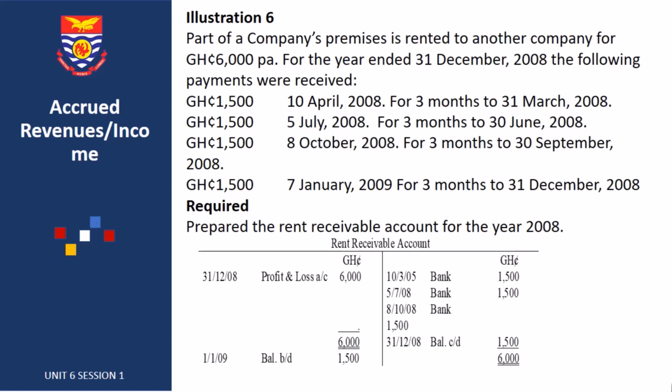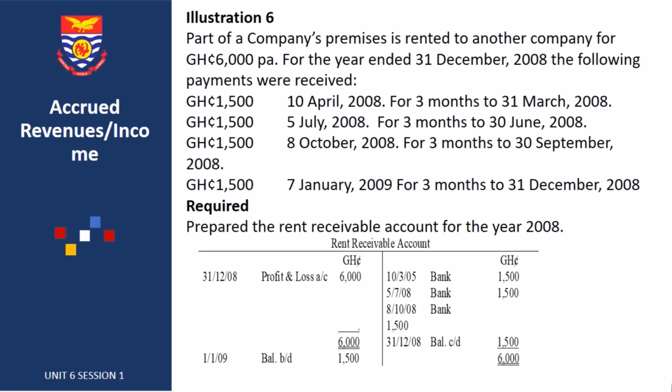So when we are receiving the rent, because we have sublet a portion of our building and we are receiving rental income, we have to credit the rent receivable account to show the increase in the rent. So the other side of the account will be to debit the bank account and then credit the rent receivable account. So on 10th April, we received 1,500.